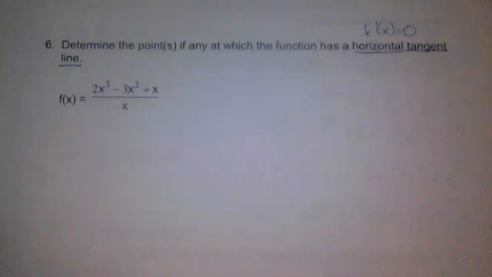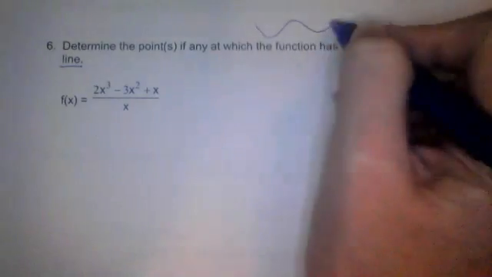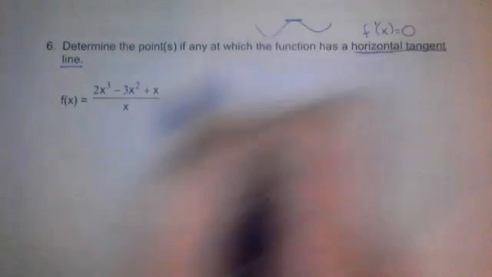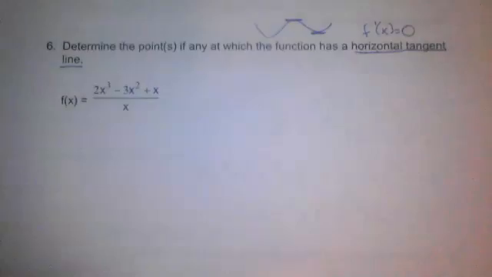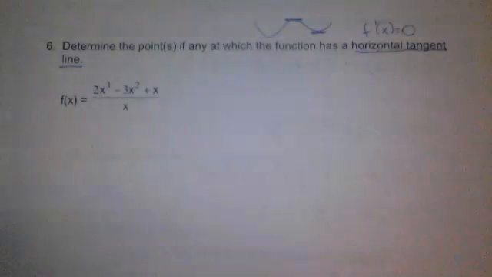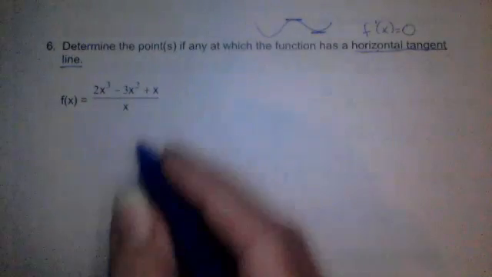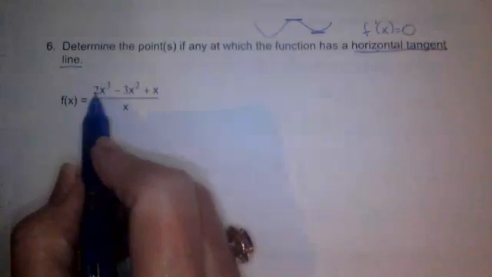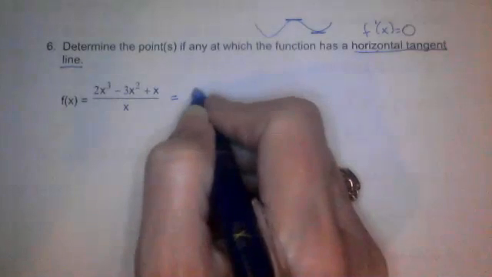The horizontal tangent line. If I had an original function that had a horizontal tangent line, it would be at one of the places like this, where the derivative or the slope is 0. Okay, so we know what we want to do. We want to try to figure out if there's a place where our derivative equals 0. So I'm first going to factor this out and simplify it a little bit.